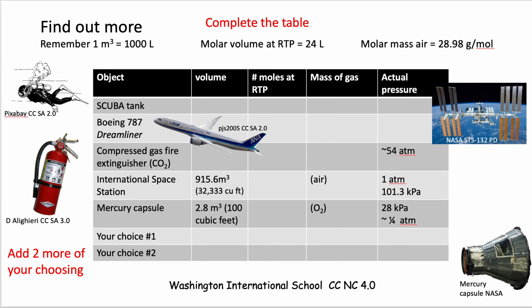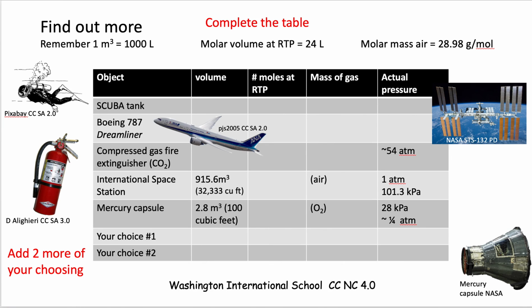And I've just put 5 things here: a scuba diving tank with compressed air, and some of them, the nitrox, can have air that's enriched in oxygen. You can find the volume of an average tank. The Boeing 787 Dreamliner, and so that you'll be able to research the average volume of that.